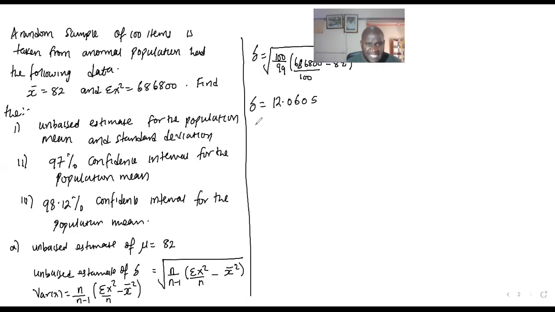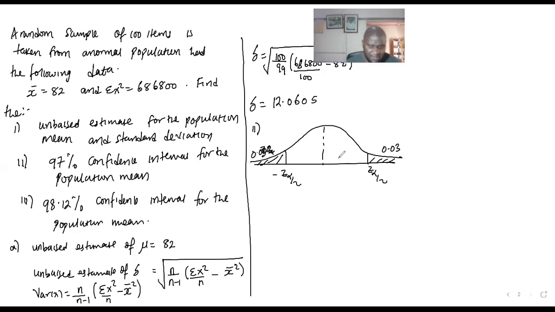The second question says 97% confidence interval. The 97% confidence interval has the following features: a negative Z alpha over 2, and a positive Z alpha over 2, and the probability outside is 0.03.